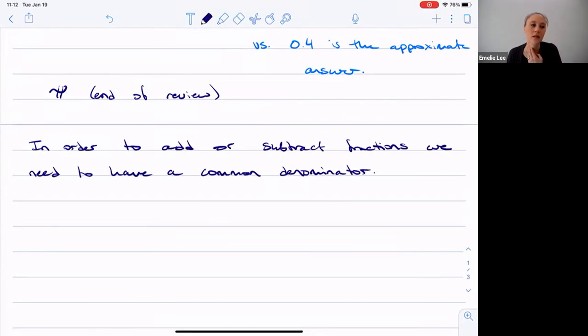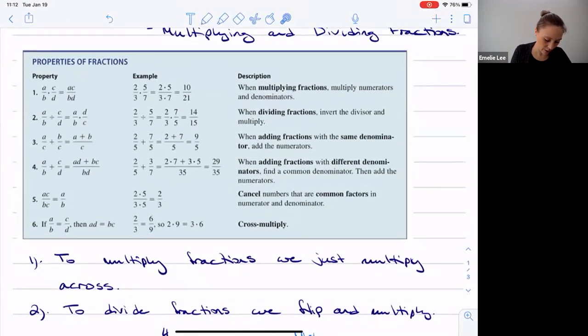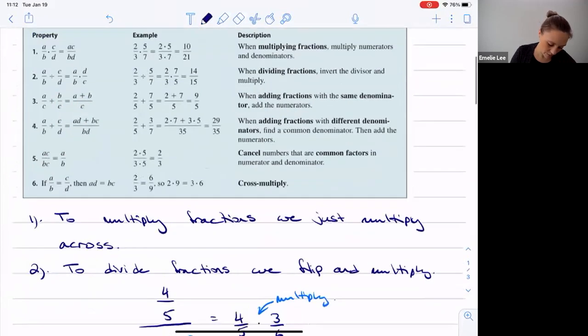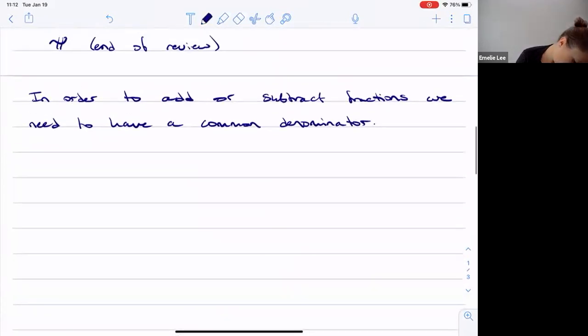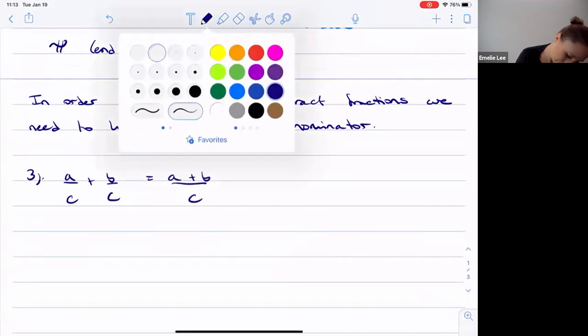Okay. So if we keep going through these properties here, property 3 says a over c plus b over c is a plus b over c. Notice that we've got this common denominator. So I'm just going to write that one out here. Property 3 says a over c plus b over c is a plus b over c.